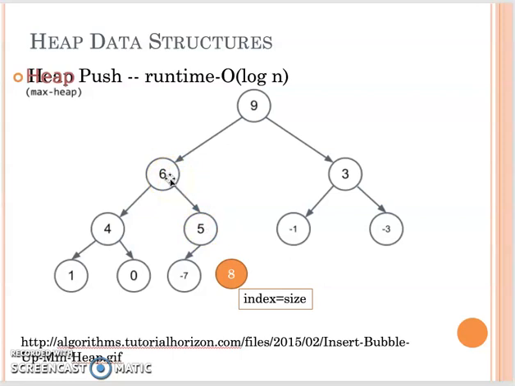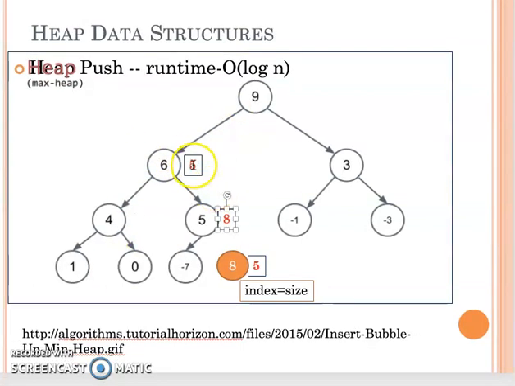If the parent's value is smaller than me, I need to swap. So 8 becomes here. Originally we add 8, and because 8 is greater than the parent's 5, they swap. Continuing, 8 will compare to 6. 8 is greater than 6, so we need to swap.